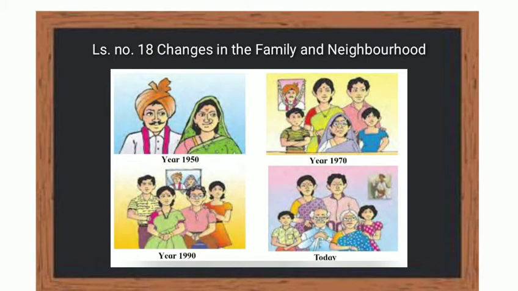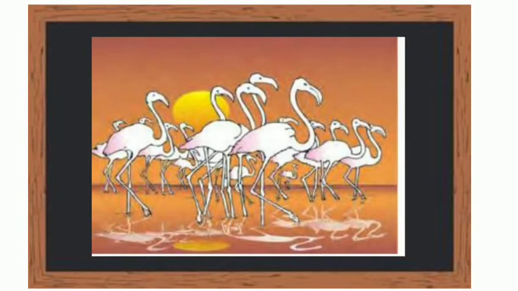It is not only in our family that we see these changes, they occur in the entire society. And now students, coming to page number 111, do you know? Birds also migrate. Many birds migrate in search of food and shelter. Have you seen a flock of swans flying in a V formation in the sky? Have you heard about the beautiful flamingos?